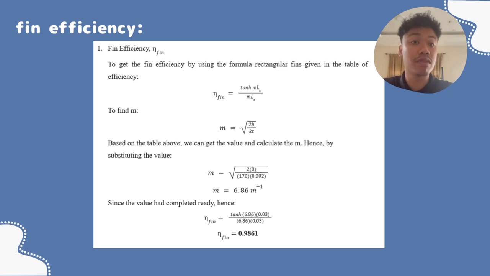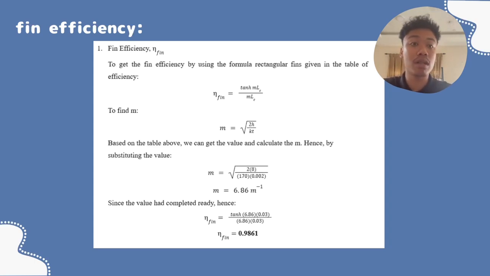First we need to calculate the fin efficiency. For the rectangular fin, the formula is fin efficiency equals tanh(mLc) over mLc. To find the efficiency, we need to find m first. The formula for m is the square root of 2h over kt.